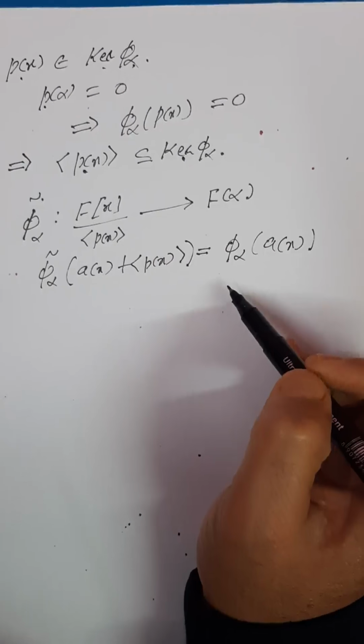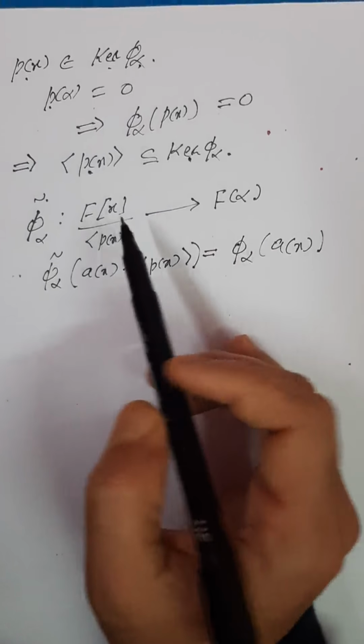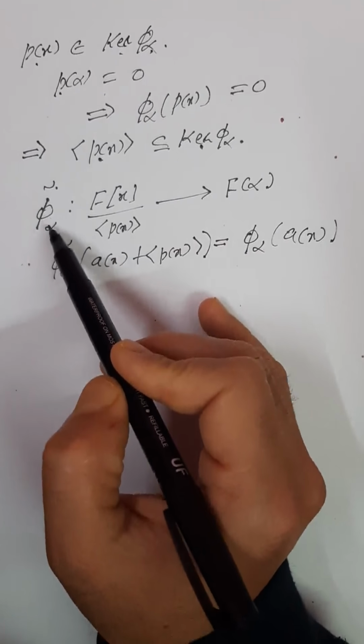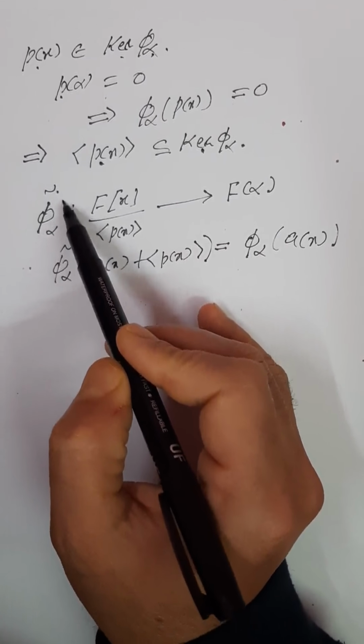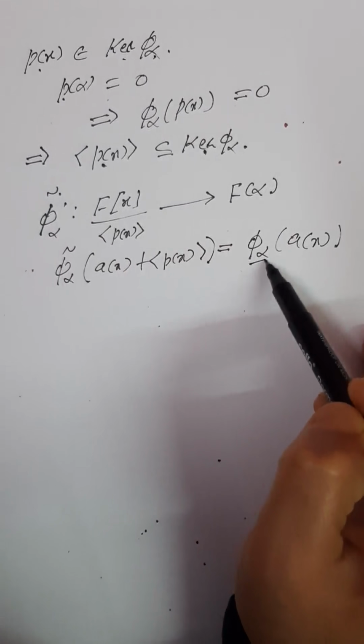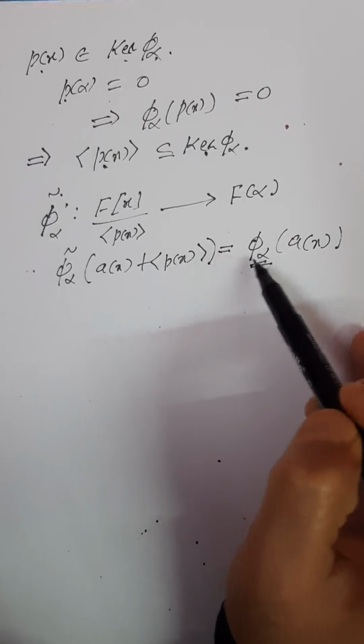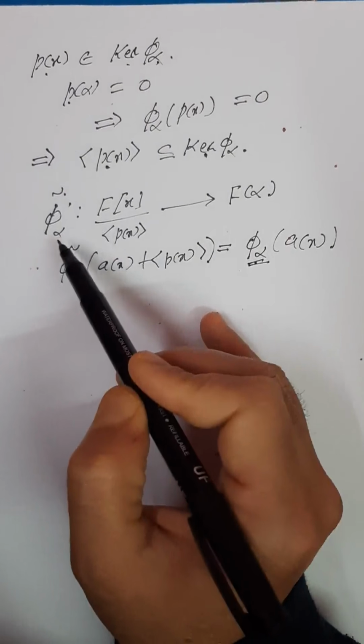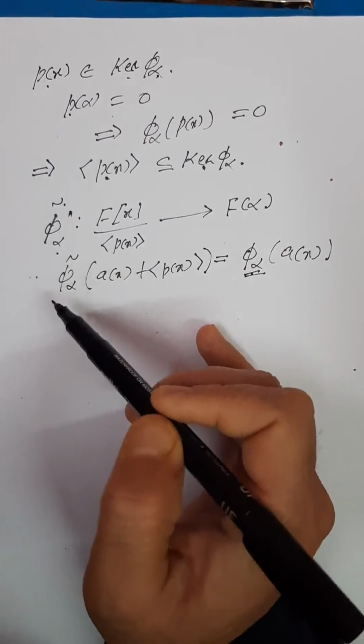Such maps are called induced maps, in the sense that phi alpha induces this map phi alpha tilde.